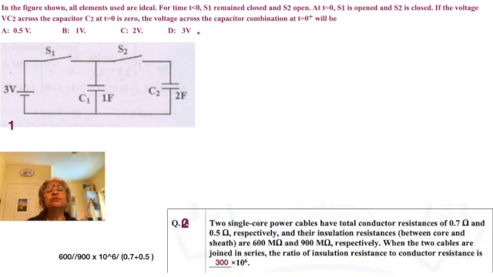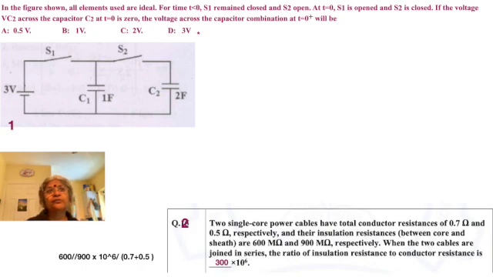The most important aspect here is that whatever be the connection, it is the constant charge theorem, or in other words, the charges cannot go suddenly. The voltage cannot disappear suddenly. So the entire voltage is still available at t equal to 0 plus, that is 3 volts. Thereafter, it peters down by sharing, and the capacitors now become a series in nature.